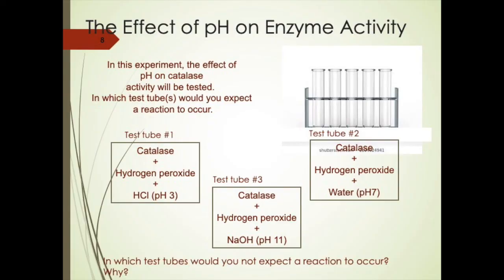Now, the effect of pH on enzyme activity. This is one that you might not be able to do at home, okay? Because you probably won't be able to get too much of these types of materials. You may be able to get hydrogen chloride. You may be able to get peroxide.